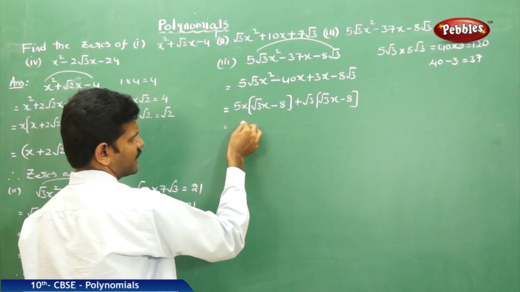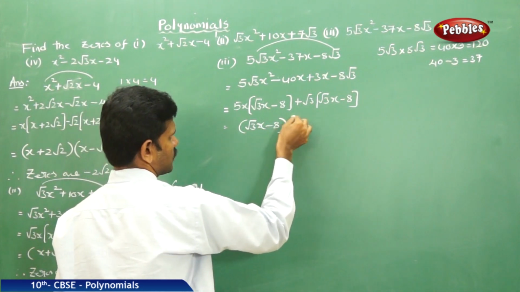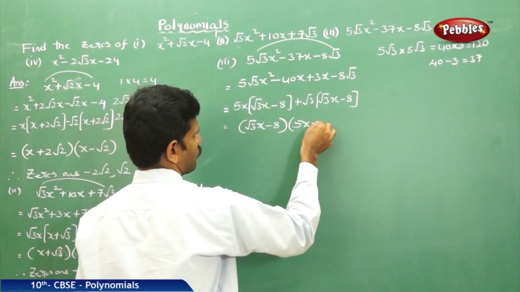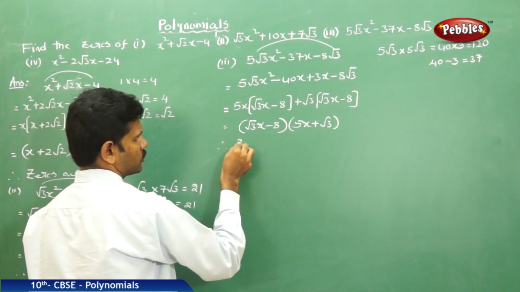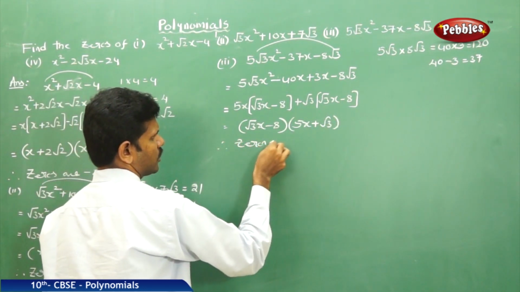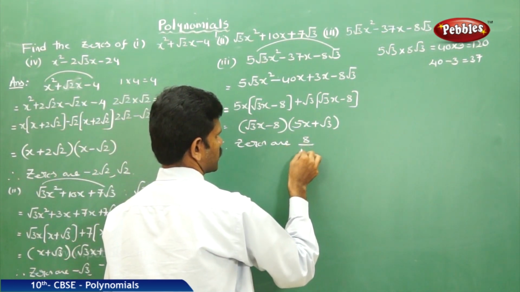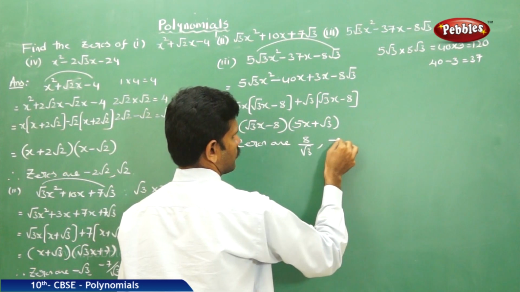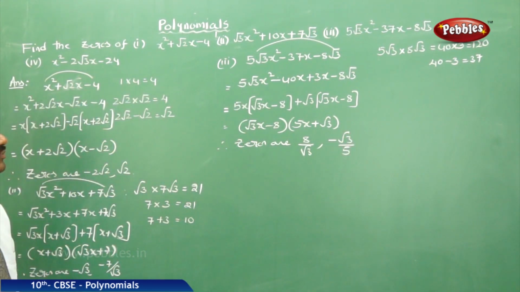Therefore common factor is root 3x minus 8 and the other factor is 5x plus root 3. Therefore zeros are 8 by root 3 comma minus root 3 by 5.